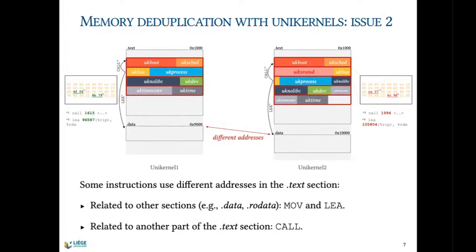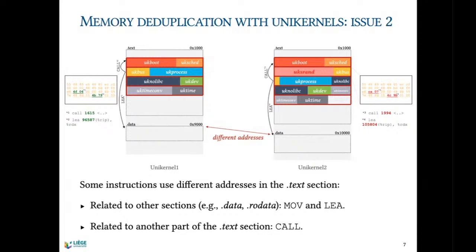In this example, even if only a few bytes are different between these two pages, we can clearly see in these two boxes that we have different bytes between the two instances, and that is enough to lose page sharing between them. We have exactly the same issue with call instructions, since the addresses used by this instruction may also be different between several unikernel instances.